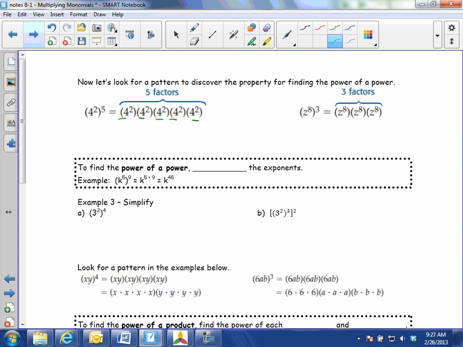How could I rewrite this? Any ideas? 4 to the 10. How come? Because it's just putting all the exponents together. So we add 2 plus 2 is 4, plus 2 again is 6, plus 2 again is 8, plus 2 again is 10. So 4 to the 10.